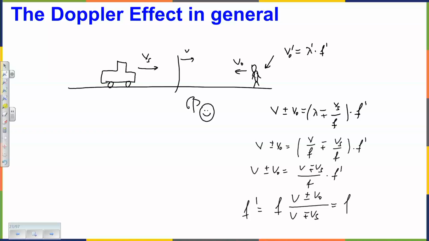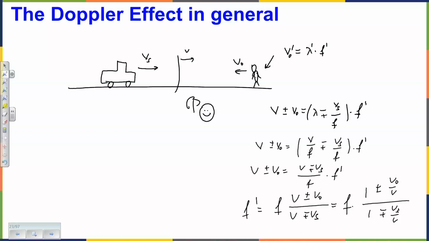Or if we divide the numerator and the denominator by the speed, for practical applications, for solving problems, I would usually use this, unless we don't know the speed of the sound, unless we only know the ratio.